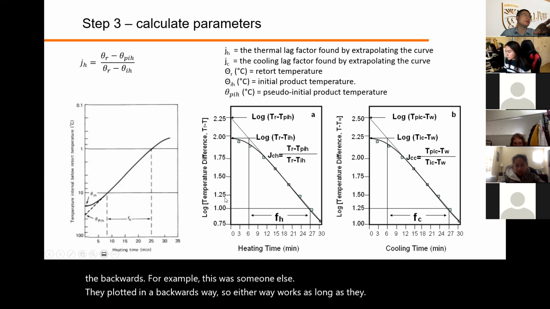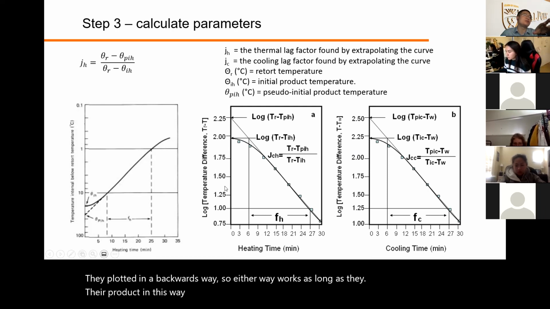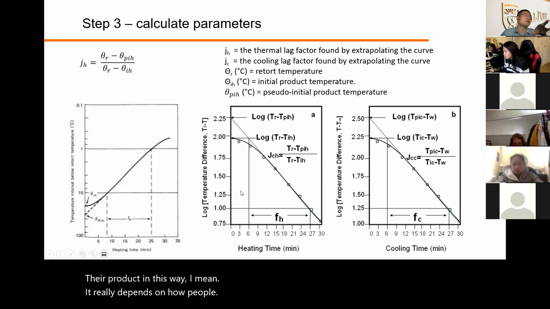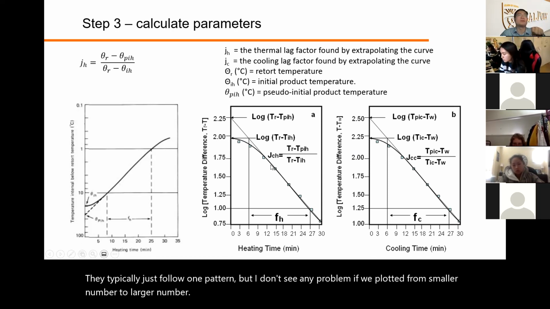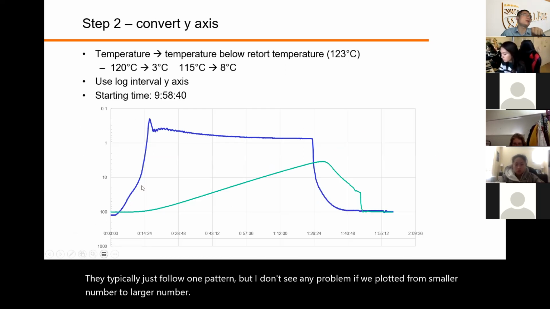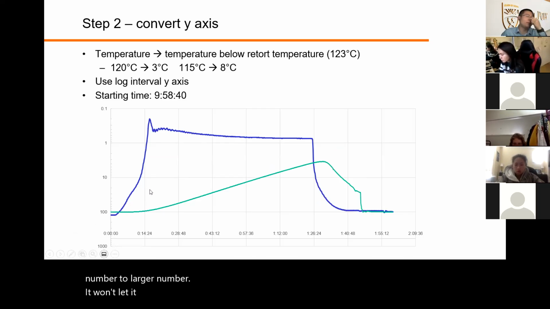I mean, it really depends on how people plot; they typically just follow one pattern. But I don't see any problem if we plot from smaller number to larger number. It won't impact the calculation results.